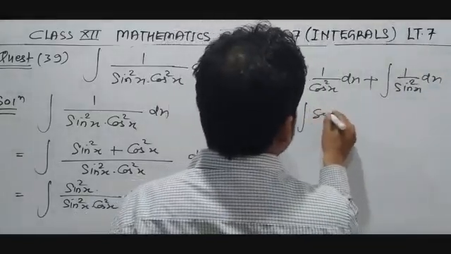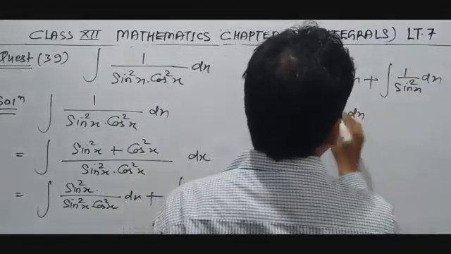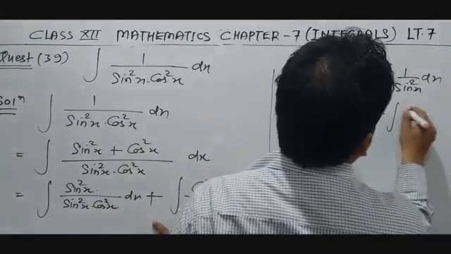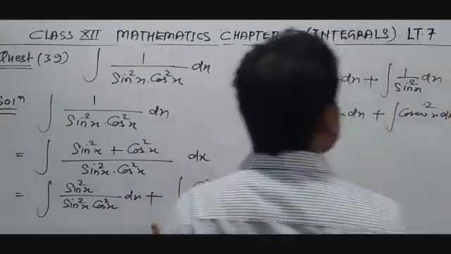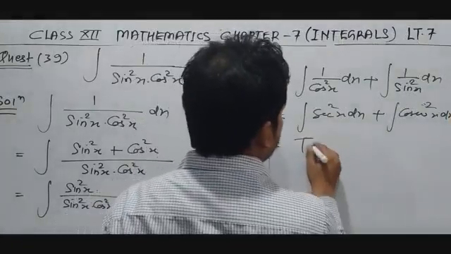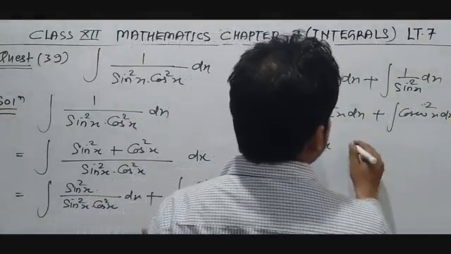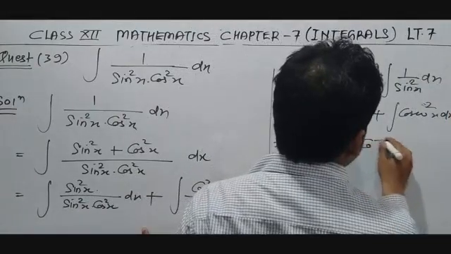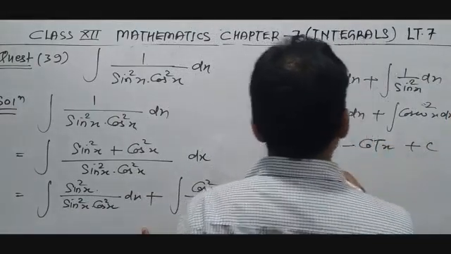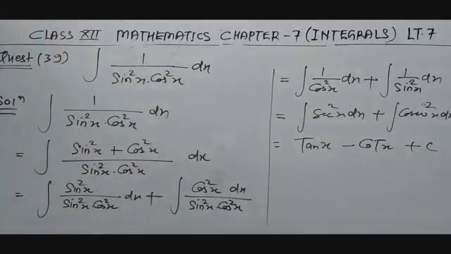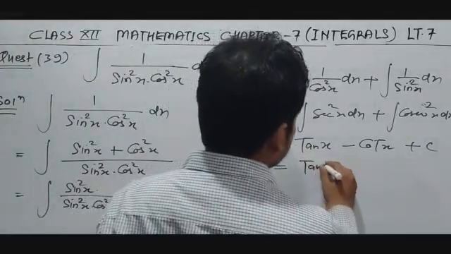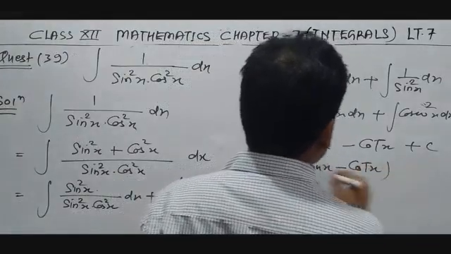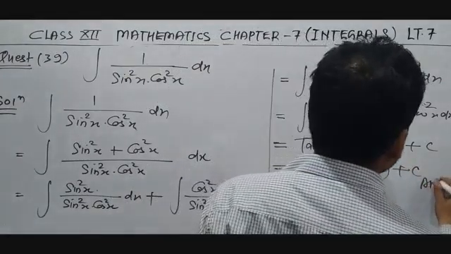This is the integration of sec square x dx and cosec square x dx. Now the integration of sec square x is tan x, and the integration of cosec square x is minus cot x. So tan x minus cot x plus c is the answer.